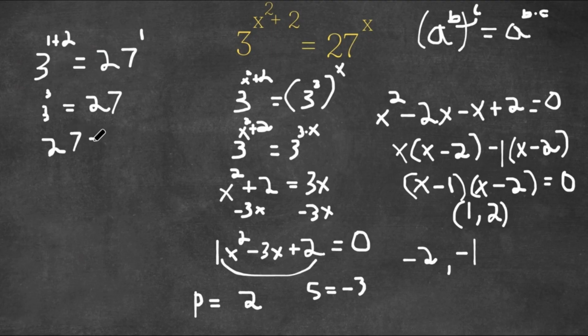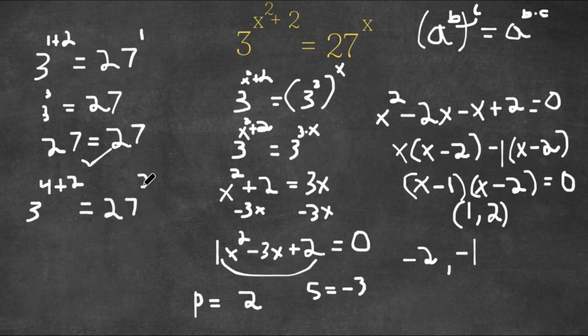So we have 27 equals 27, so this is right. So we know that 1 is right. Now let's test out 2. So we have 3 to the power of 2 to the power of 2 is 4 plus 2, and this equals 27 to the power of 2.